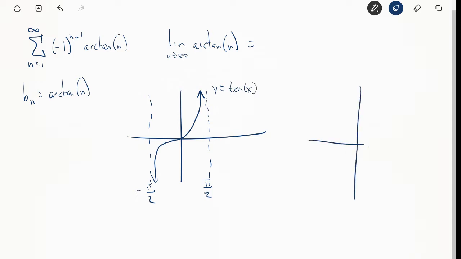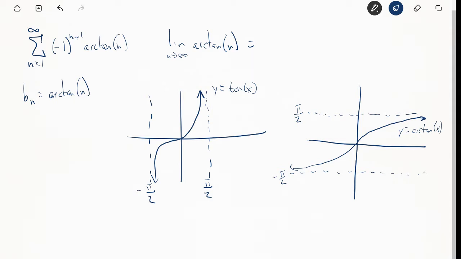So that means you kind of reverse the roles of x and y. And so now this is negative pi over 2, and this is pi over 2. And this is y equals arctangent of x. So the limit as n goes to infinity of this, well, notice as we approach infinity, this thing approaches pi over 2.